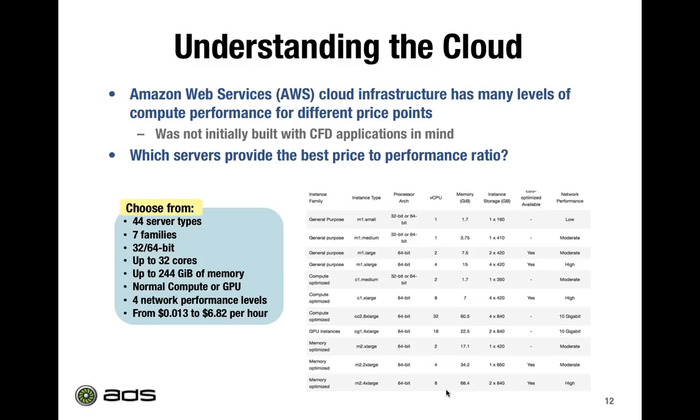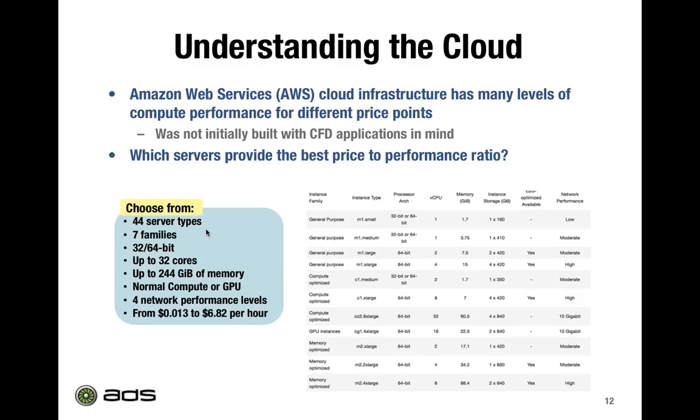Really, what I want you to think about is that Amazon Web Services has many different types of applications and many different types of users. It really requires them to offer a very wide range of servers of different performance levels and different price levels to service so many different and varying applications.